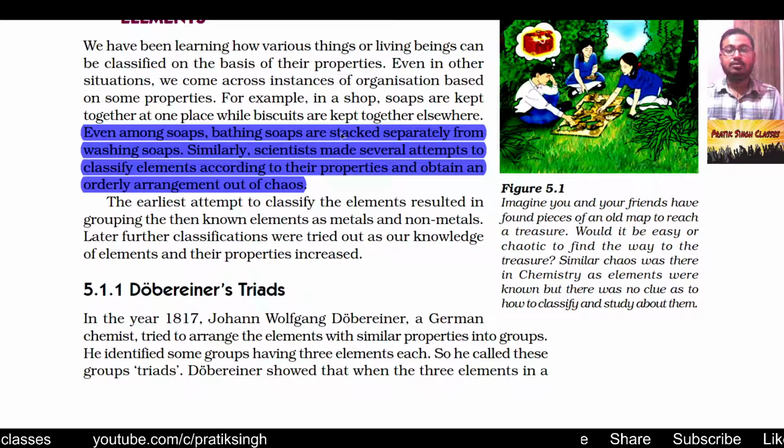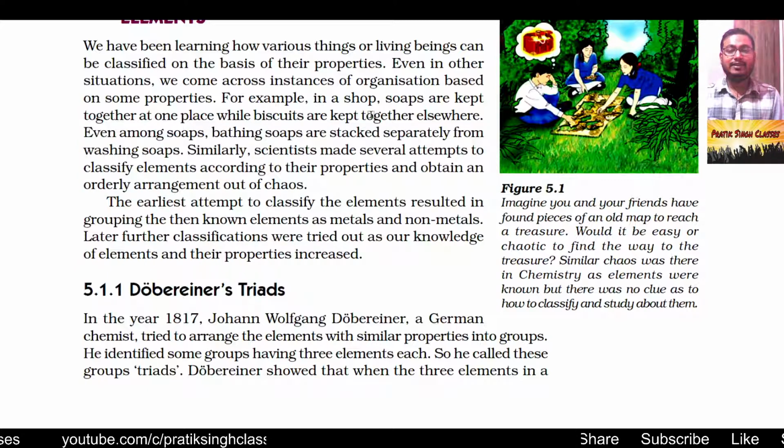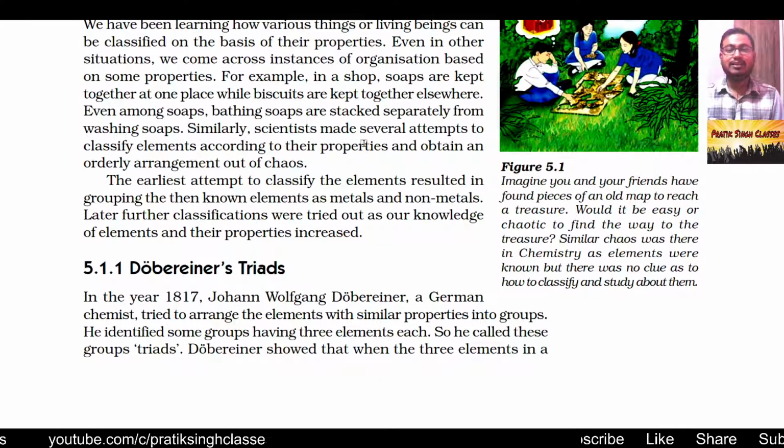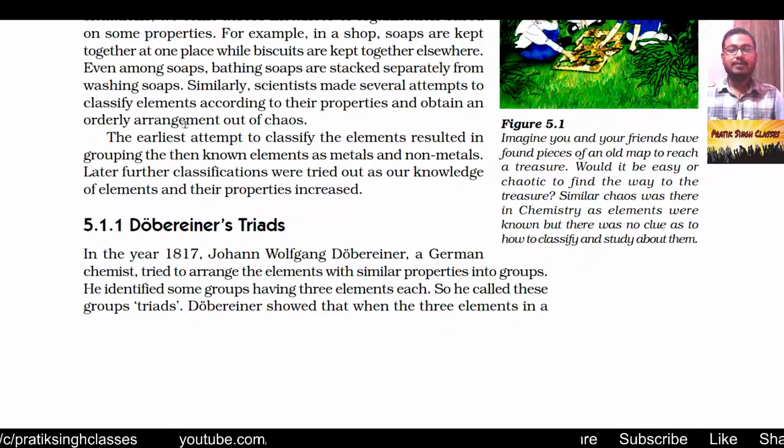When you go to a supermarket and see the rack of soaps, bathing soaps are put at one place, washing soaps at a different place, and detergent soaps at another place in the same row, so that it becomes easier for us to find them and easier for the shopkeepers to arrange them. It makes our work very easy.